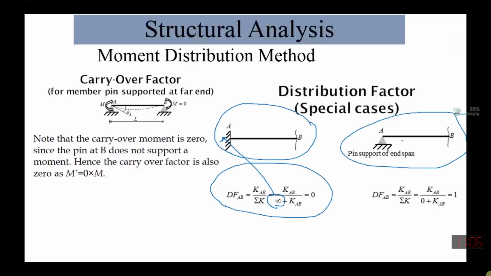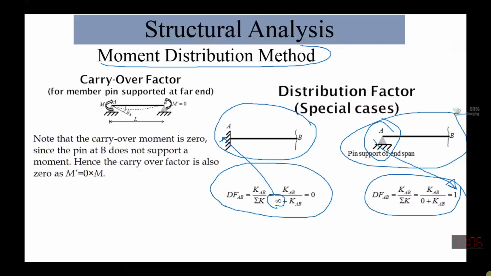If your beam is ending there and the last support is hinged, in that case our distribution factor is 1. So these two cases you should remember while solving any problem using the moment distribution method. Clear? Yes, sir.